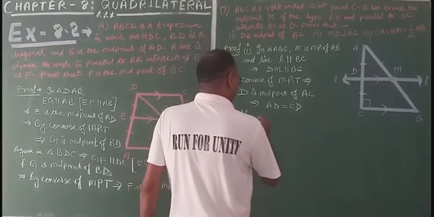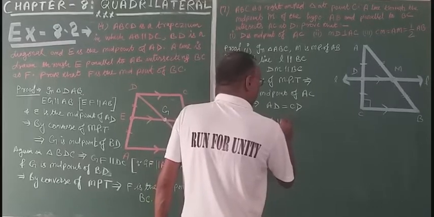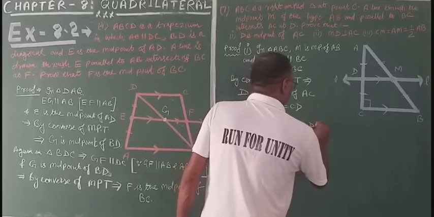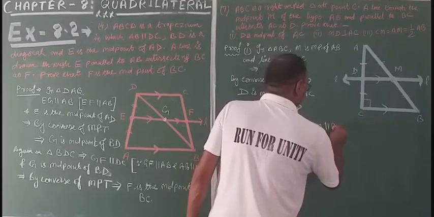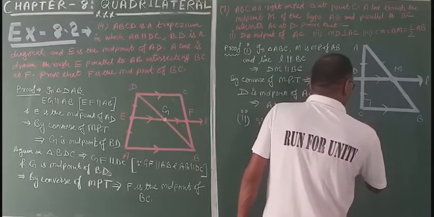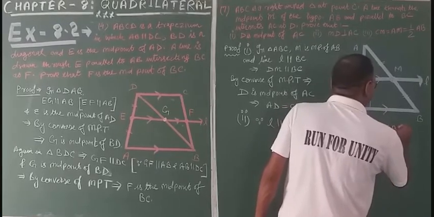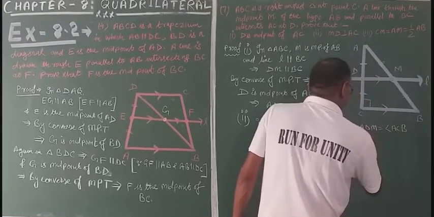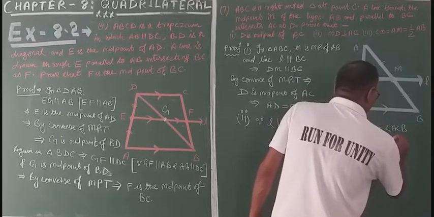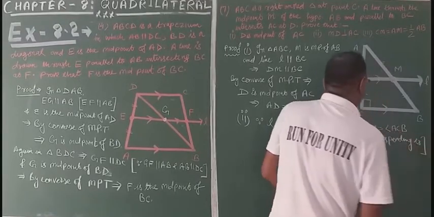Since line L is parallel to BC, DM will be parallel to BC, and therefore angle ADM will be equal to angle ACB, because they are corresponding angles.